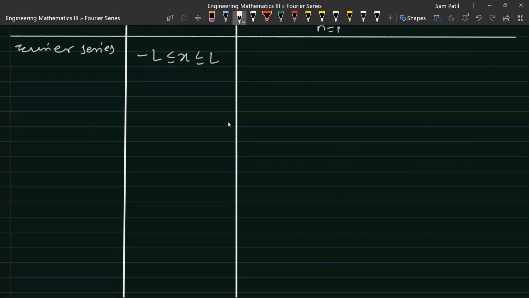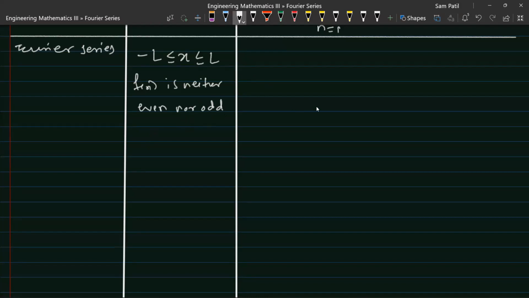In this interval, suppose f(x) is neither even nor odd. We have seen the example of how a function is neither even nor odd. Am I right?